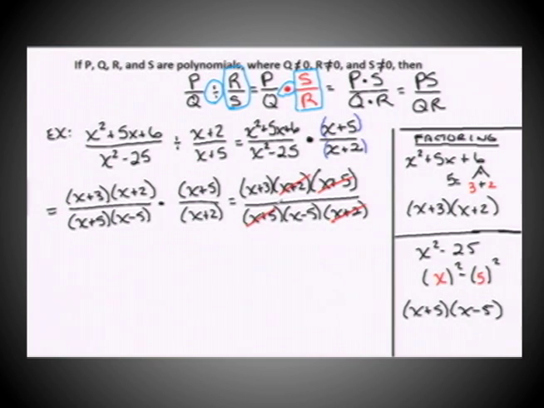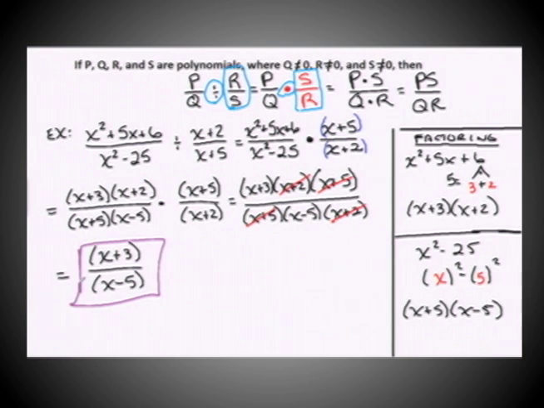You know, 0 always gives us weird situations. So, all right, we have all of our common factors divided out. So we simply simplify by rewriting what we have left over. x plus 3 divided by x minus 5 is what we end up with when we divide those two rational expressions.